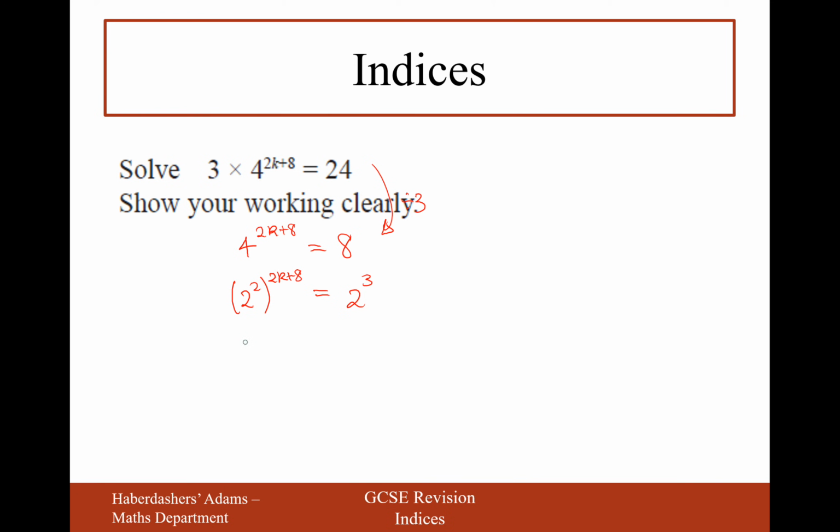Let's multiply out the brackets here by multiplying the indices. 4k plus 16 equals 2 cubed, and now let's set the indices equal to each other, so it's 4k plus 16 equals 3. So now I need to rearrange this, so 4k equals minus 13, so therefore k equals minus 13 over 4. And there we are, that's the answer to this question here.